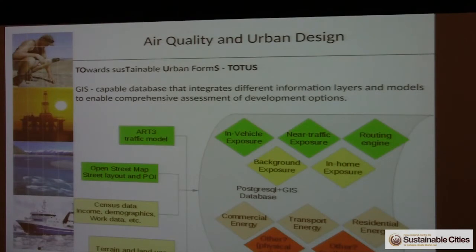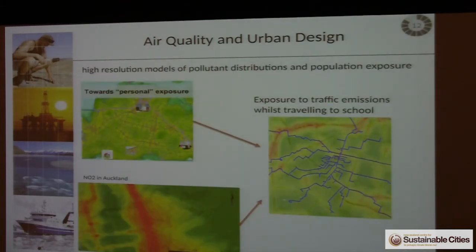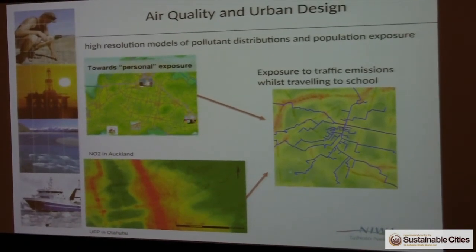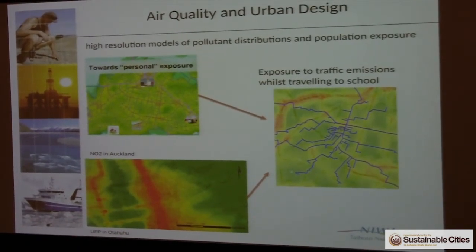So we set out in a very ambitious way to develop a modeling and database framework that's able to incorporate and integrate different information layers and model systems to enable comparisons of the kind of what would be the exposure of someone living here and wanting to work as an accountant, just to mention something, on two given scenarios.